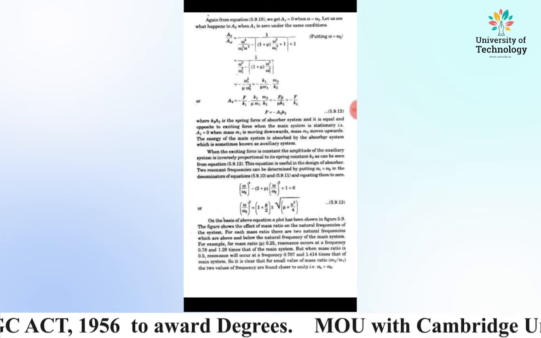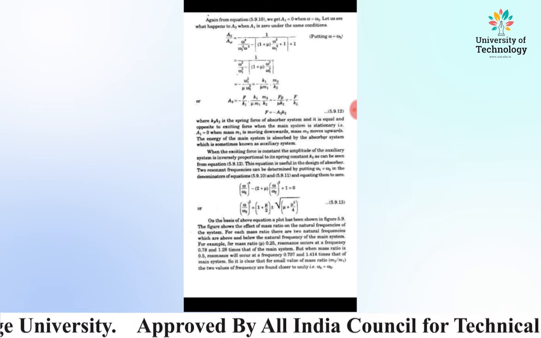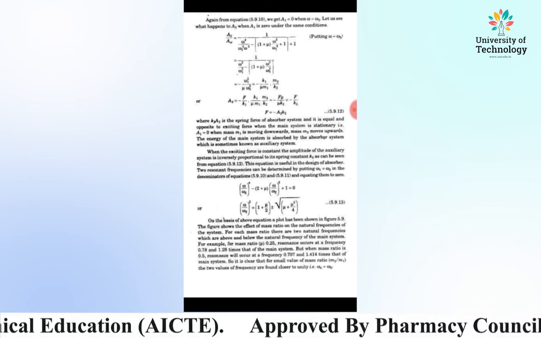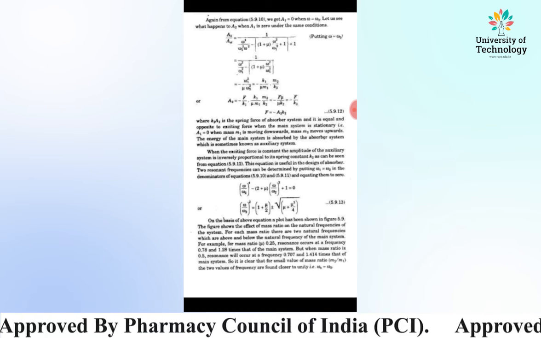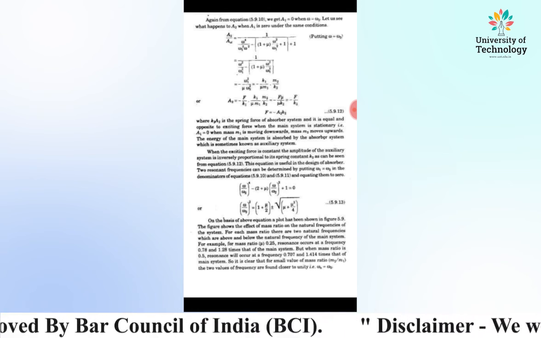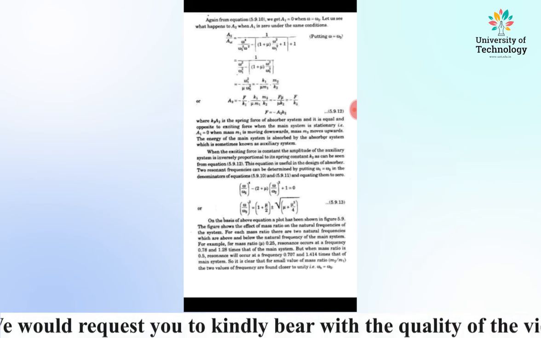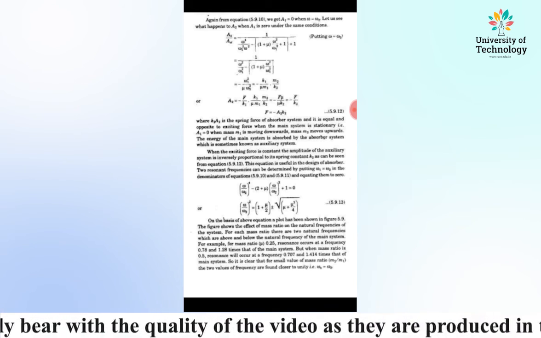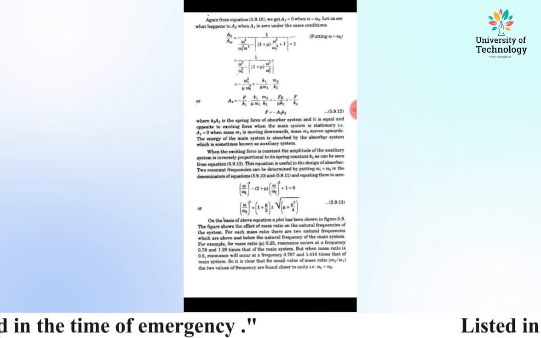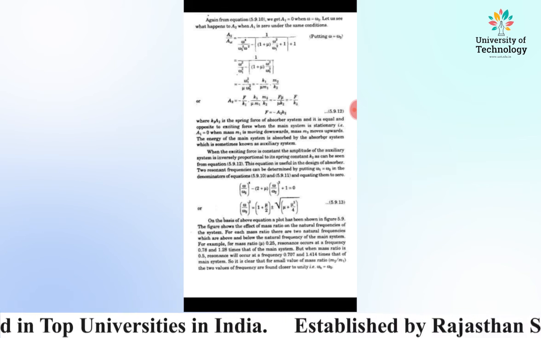When the exciting force is constant, the amplitude of the auxiliary system is inversely proportional to its spring constant k2, as can be seen in equation 5.9.12. This equation is useful in the design of the absorber. The two resonant frequencies can be determined by putting omega 1 equal to omega 2 in the denominators of equations 5.9.10 and 5.9.11 and equating them to 0.